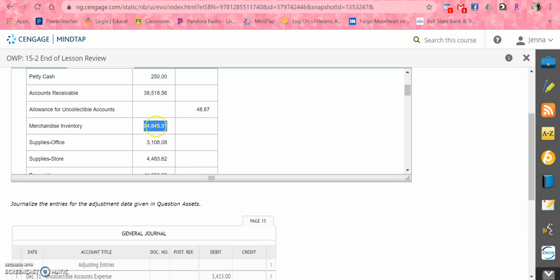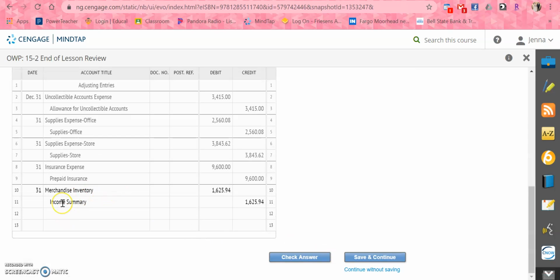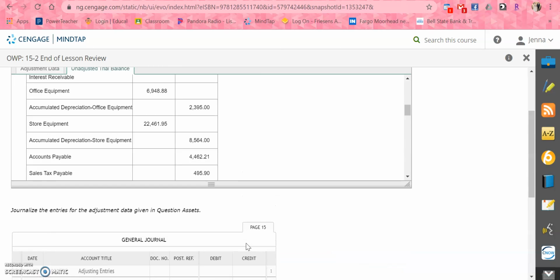If we needed to decrease merchandise inventory here, we would have credited merchandise inventory. So just make sure that you are paying attention to that. Increasing merchandise inventory would be a debit to merchandise inventory and a credit to income summary. If we needed to decrease merchandise inventory, we would flip this transaction. It would be a debit to income summary and a credit to merchandise inventory. So make sure that you're paying attention to that.